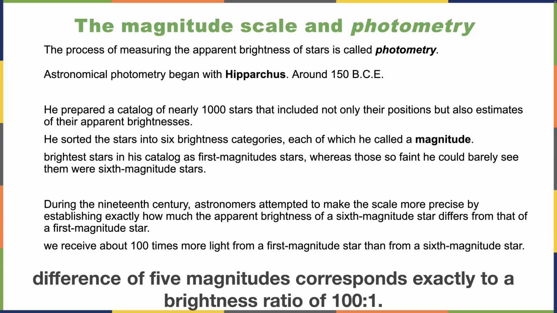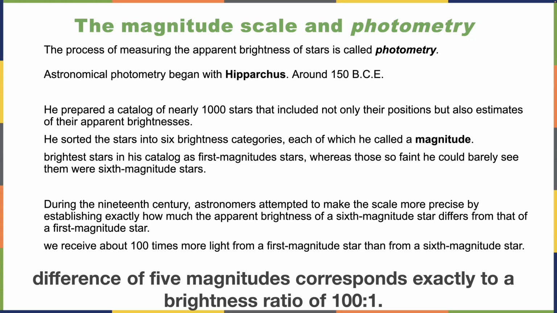Once he categorized all these stars into 6 categories, the brightest category he gave a number. He called those brightest stars the first magnitude stars, right? And the faintest category are the stars that you can barely see with your naked eyes, right?